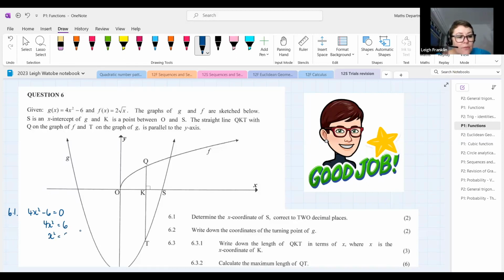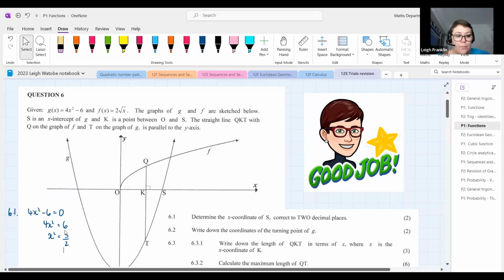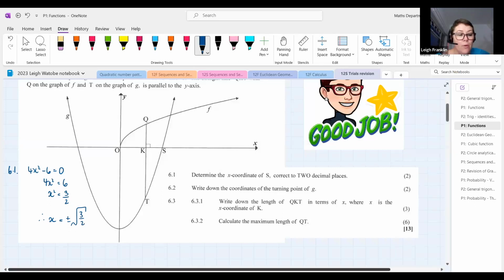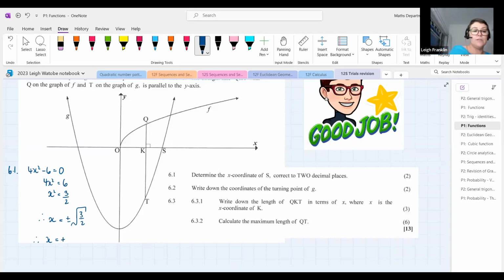And that's going to leave me with 3 over 2. Now I need to take the square root. Remember when you take a square root, it could be plus minus, but because S is a point on the positive x-axis, it's only going to be the positive answer. So x is going to be equal to the square root of 3 over 2.